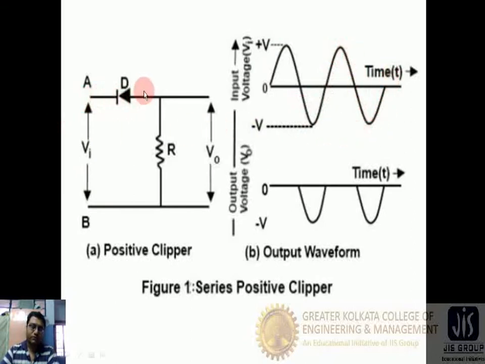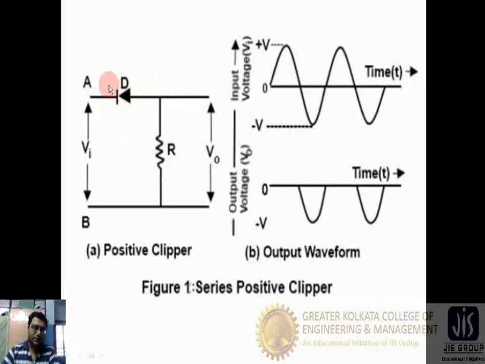So we have to check the polarity and the biasing of the diode in this circuit. When the voltage increases slowly, A is positive and B is negative. We can see the positive potential is applied to the N side of the diode and a negative potential is applied towards the P side of the diode through this resistance. So the diode is in reverse bias state.